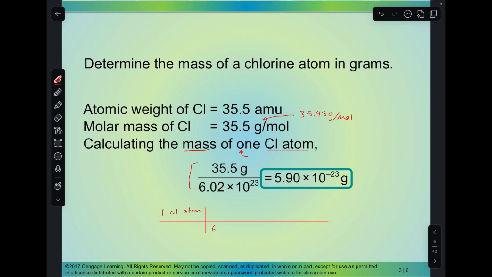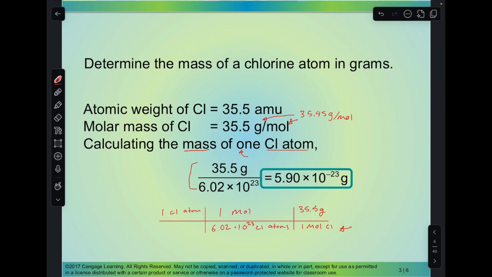So we'll say 6.02 times 10 to the 23rd chlorine atoms, Cl atoms, is equal to 1 mole. And 1 mole of chlorine atoms, we do know from the molar mass, the moles is on bottom here, and the moles is also on bottom here, that we are going to have 35.5 grams.